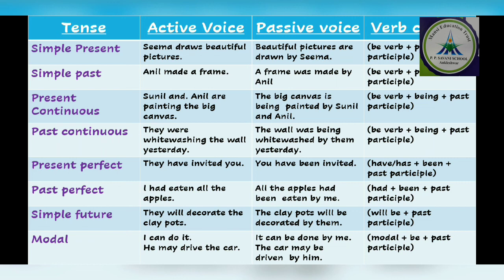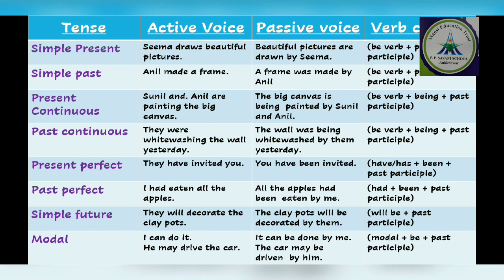Simple future: they will decorate the clay pots. The clay pots will be decorated by them. Here, with the be verb, we will use "will" also to indicate that the sentence is in future tense. Okay? And if we have modals, we can make the sentence like this: I can do it. It can be done by me.